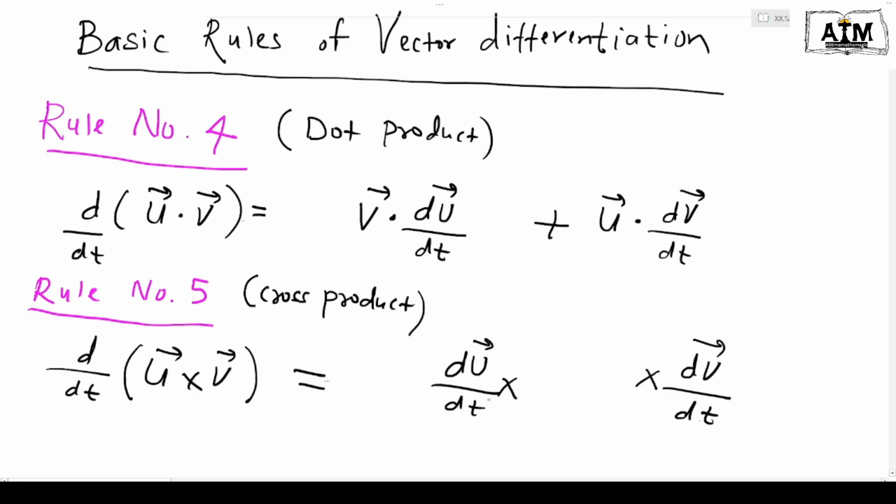Here is the du by dt, so write down vector v. Here is the dv by dt, so you write down the vector u here, and in between them the plus. Therefore, derivative of u cross v with respect to t equals derivative of u with respect to t cross vector v plus vector u cross derivative of vector v with respect to t.